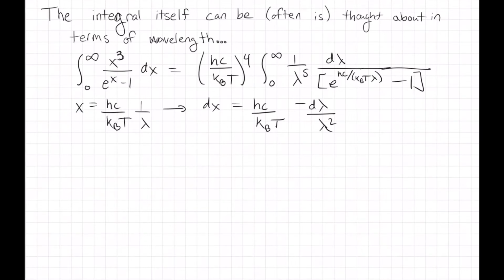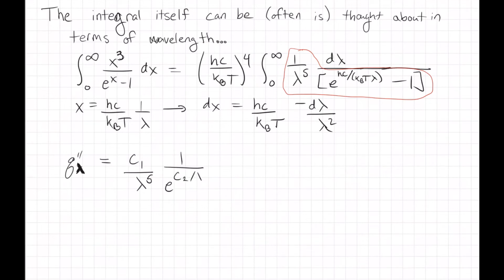Then I'll identify the integrand, and that plus some prefactor would be the heat flux. So I'll think about that as a heat flux integrand, the heat flux per unit wavelength. That would be some constant based on a bunch of universal constants times 1 over lambda to the 5th times essentially the Bose-Einstein distribution.